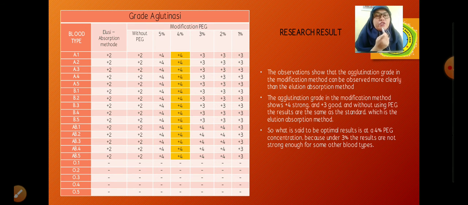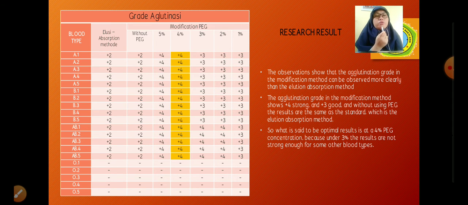The modification with PEG, without PEG, is positive 2. At 5% and 4% PEG concentration the result is positive 4, and at 3, 2, and 1% PEG concentration the result is positive 3.